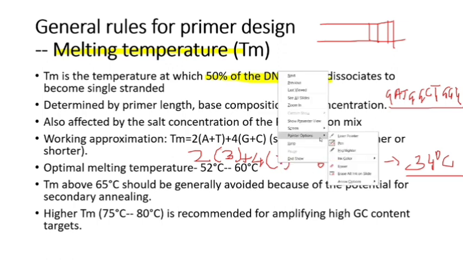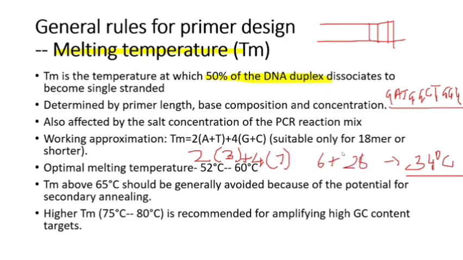Hope you understood. So optimal melting temperature will usually be between 52 to 60 degrees. Tm above 65 degrees is generally avoided because of the potential for secondary annealing.